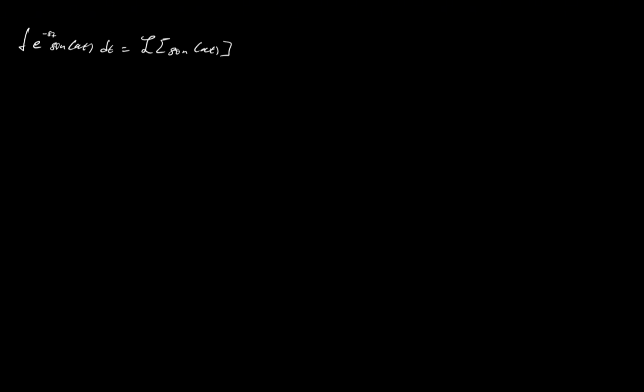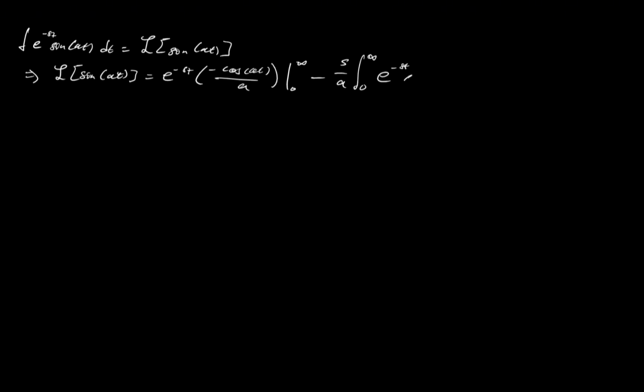With this said, it implies that the Laplace of sine of at is equal to e to the minus st by minus cos of at over a. And if we take the limits from 0 to infinity, we'll have minus s over a, then the integral from 0 to infinity of e to the minus st cos of at dt.